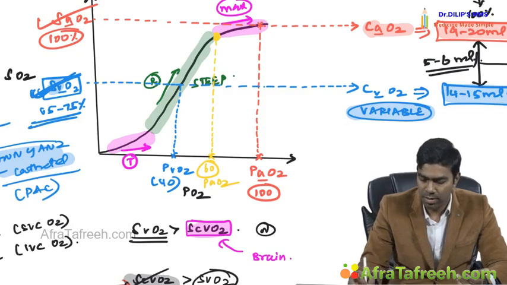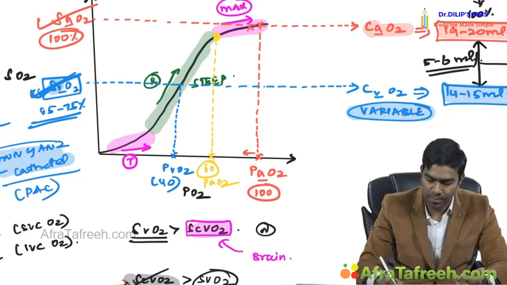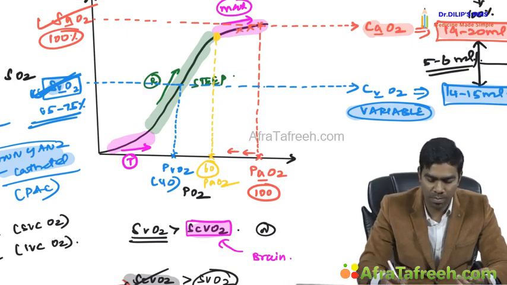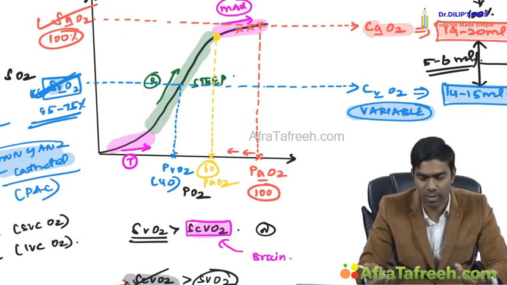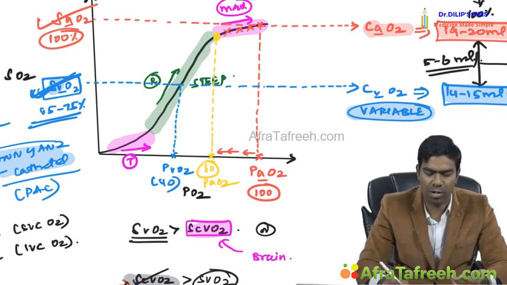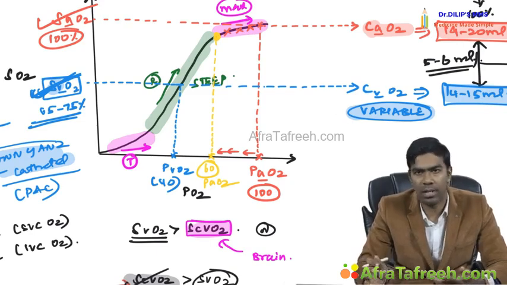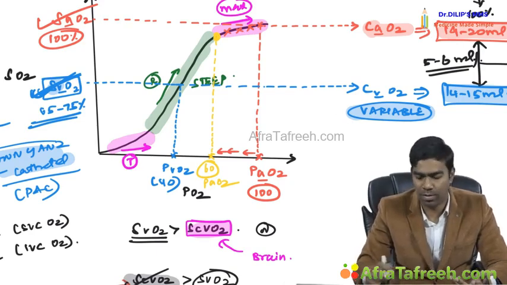Because until this area, as the PaO2 drops, you will be here in the saturation. The PaO2 further drops, still you will be here in the saturation, not much dropping. Saturation is dropping by 1 or 2%, that's it. You come to 70 or 65, still you are in the OK zone. The saturation is not dropping that much.